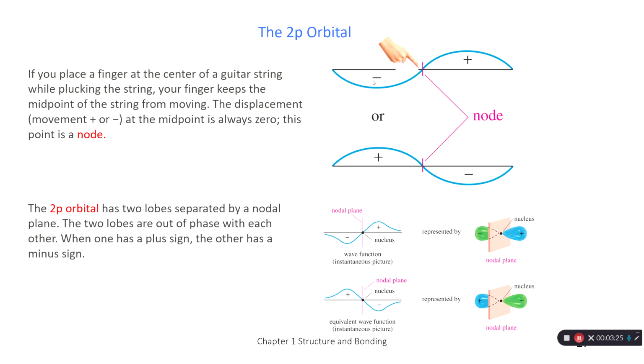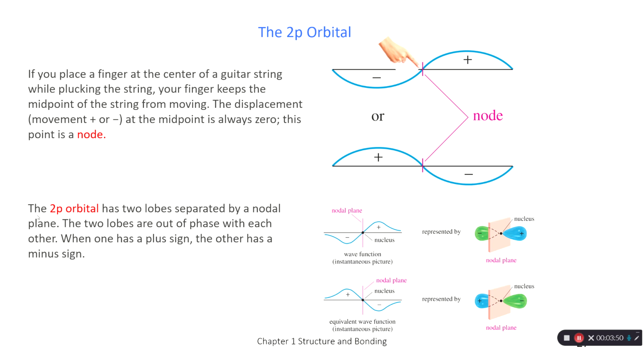And this would be the harmonic of the guitar string here. And in terms of an orbital, where your finger is would be a region of zero electron density, right? The string is not moving there. And so it's only negatively displaced or positively displaced. And at some instance later, this becomes positive, and this one over here becomes negative.